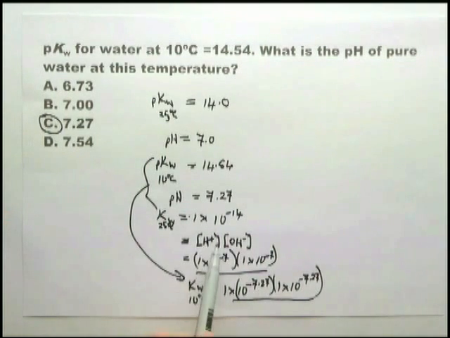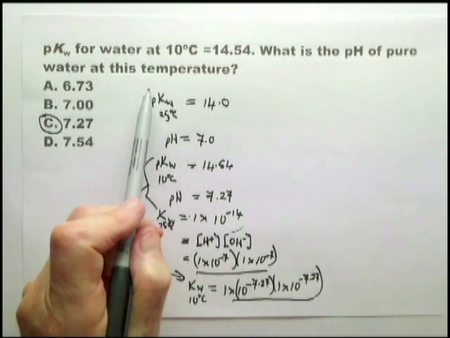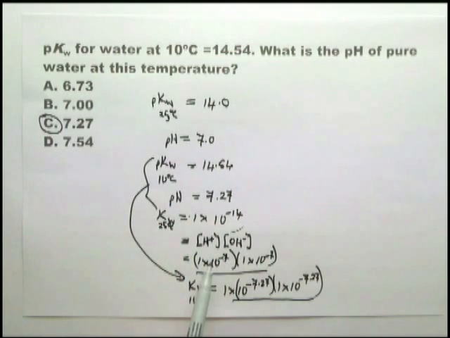The hydrogen ion concentration must equal the hydroxide ion concentration. And if this is the Kw, or if this is the pKw, then this must be true. That must be the value of the hydrogen ion concentration, and that must be the value of the hydroxide ion concentration.